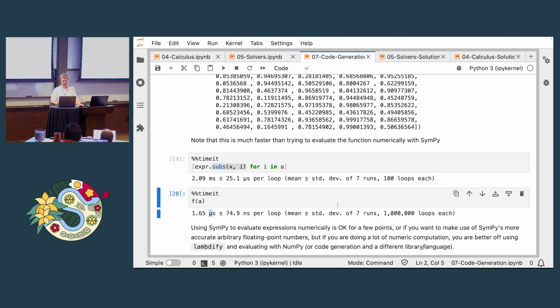I think timeit ran 1 million loops on this one because it found it's fast, so it can just run a bunch of these. It only ran 100 loops on the other one. So that's why the timeit call took longer, but the actual function is about 100 times faster.